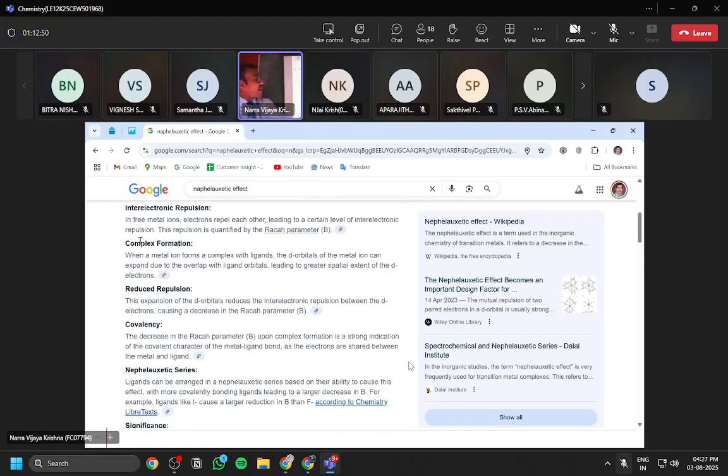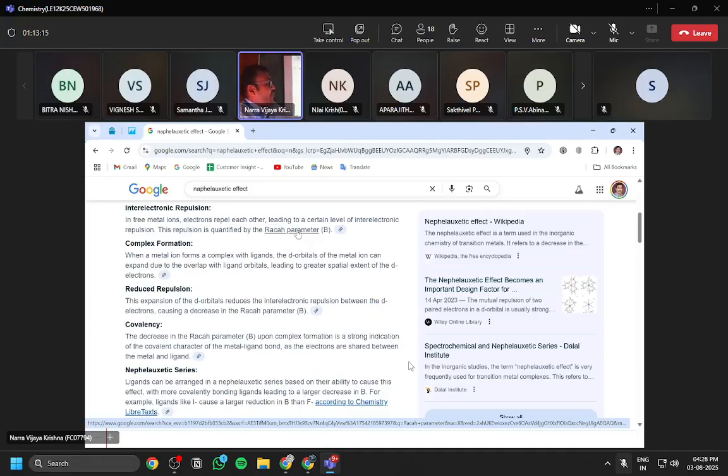Interelectronic repulsions. In free metal ions, electrons repel each other, leading to a certain level of interelectronic repulsions. This repulsion is measured by using the Racah parameter, beta, right? When ligand approaches, what happens to that interelectronic repulsion? Decreases. Means Racah parameter B value decreases, because we are using beta as stability constant.